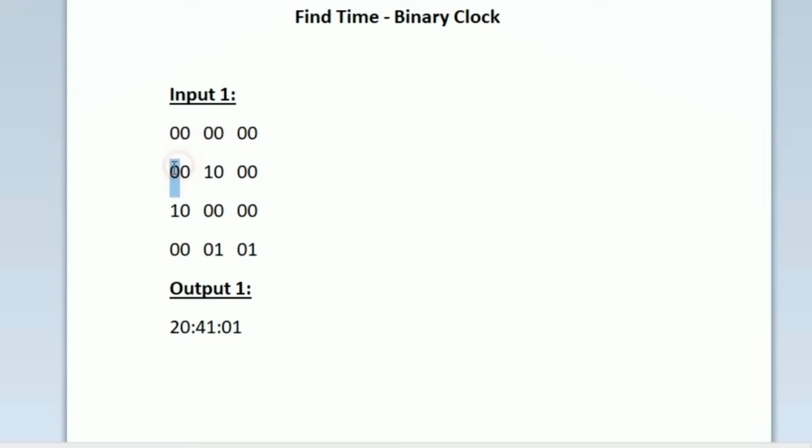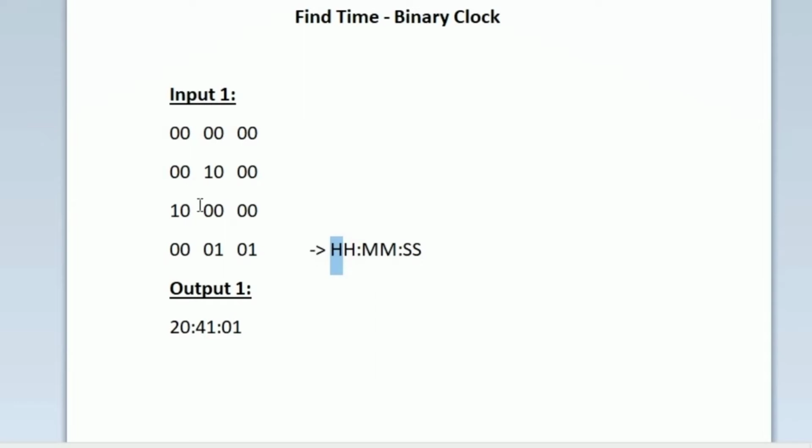Using this integer matrix, our task is to find the time. Every column of the matrix represents a digit of a time. We have to find a time in the pattern HHMMSS. The first column of the matrix is 0 0 1 0.